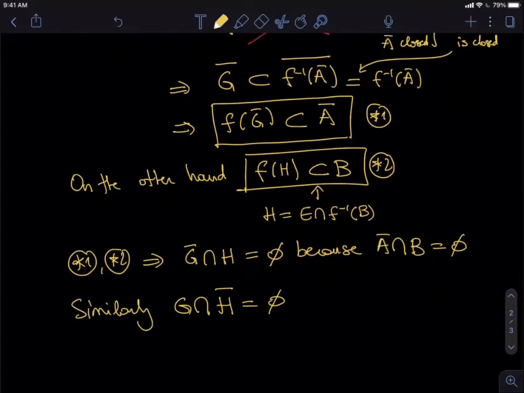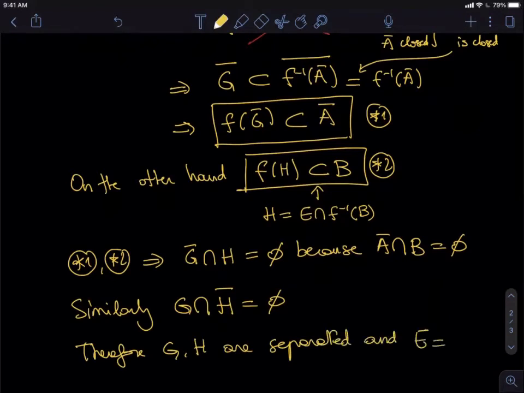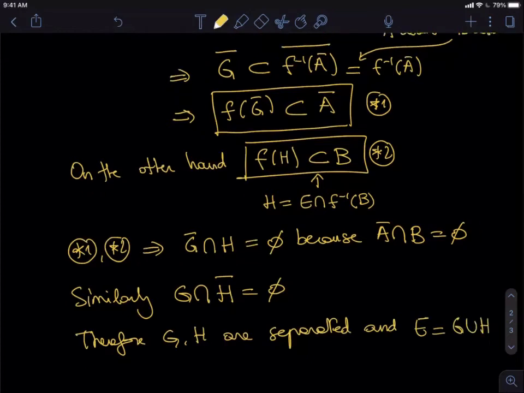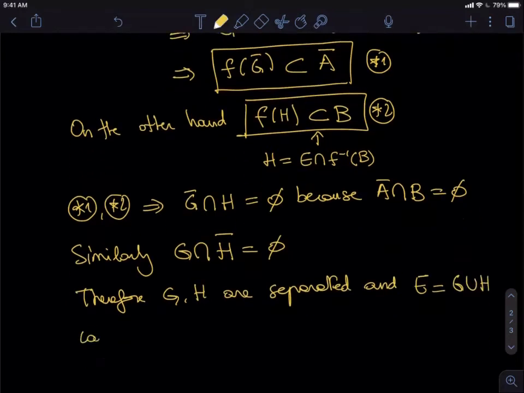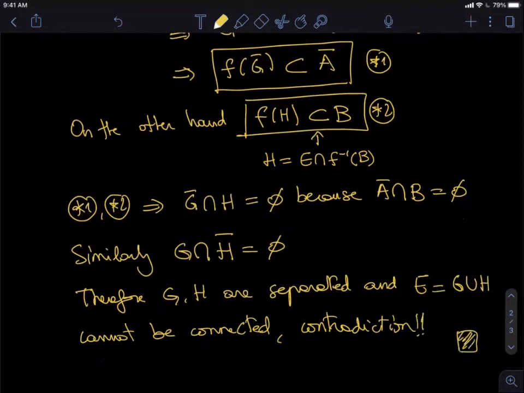And that shows that G and H are separated, and E, which is the union of G and H, cannot be connected. Which is a contradiction. And that finishes the proof.